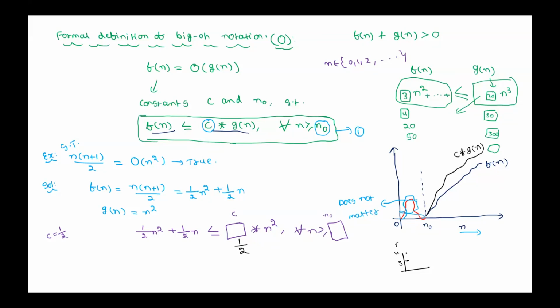Because on this side we have 1 by 2 into n square plus 1 by 2 into n, where n is positive. So definitely this quantity is more than 1 by 2 into n square. So from this it is clear that the C value must be greater than 1 by 2. We also know that 1 by 2 into n is less than or equal to 1 by 2 into n square.